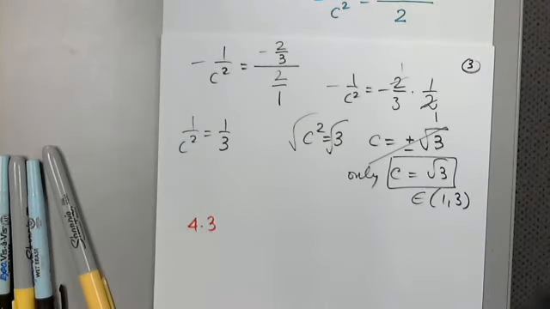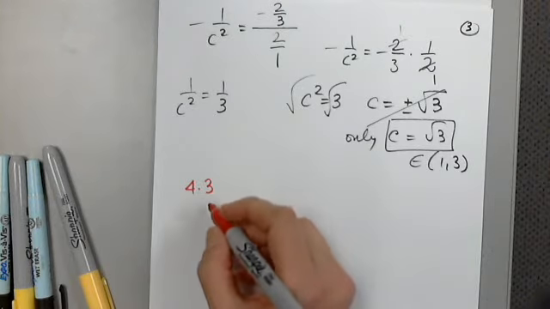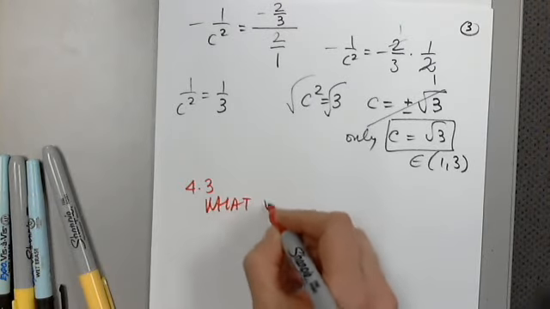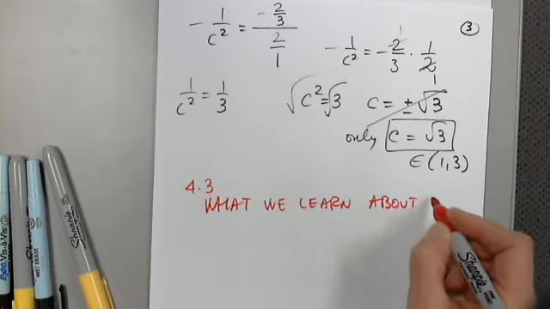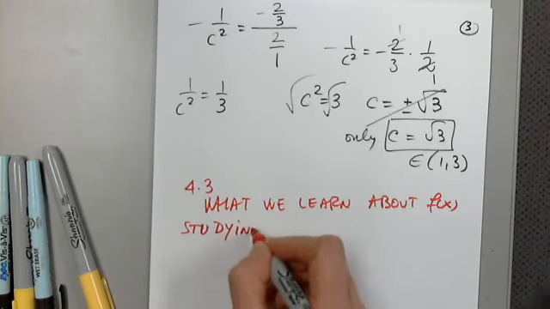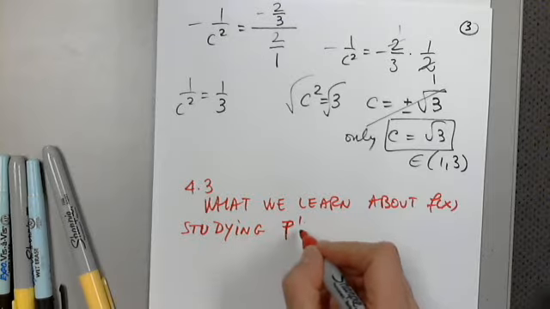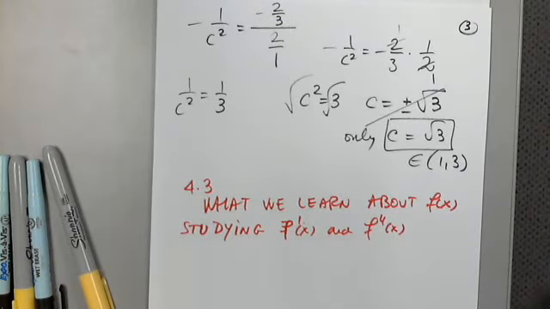Continuing with 4.3, the title of 4.3 is How Derivatives Affect the Shape of a Graph. I would like to change that title. Of course, it's not important. But what the title is really telling us is what we learn about f of x studying f prime and f double prime.